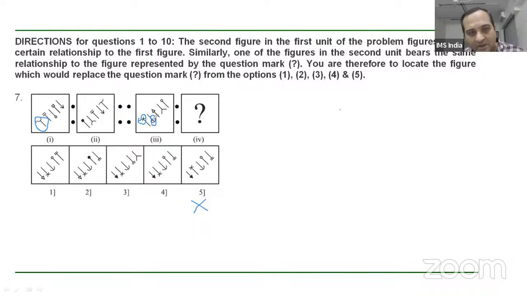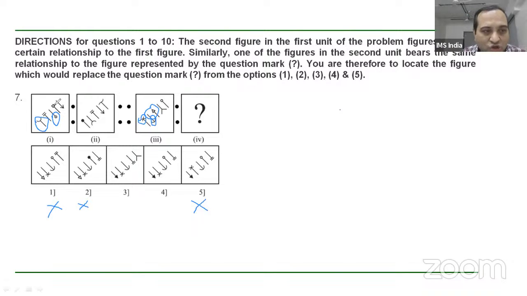Not able to eliminate any. Next, the matchstick symbol. This matchstick symbol, can I say, is coming to the first place. It is getting inverted and shaded. So this triangle will come to the first place, inverted and shaded. So can I say option 1 and option 2 will get eliminated. So I'm just left with two options now, 3 and 4.